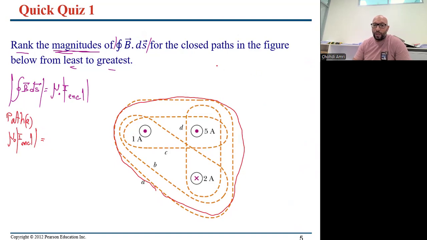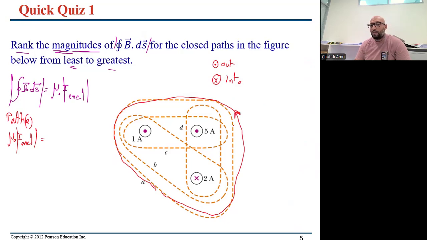But be careful, we have some currents oriented out of the page and some currents into the page. Because he's asking about the magnitude, we don't care which one is positive and which one is negative. But we have to be consistent: if we consider out of the page positive, we have to consider into the page negative. Usually, the path is given a positive direction.